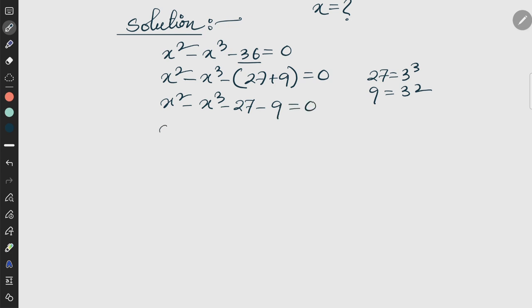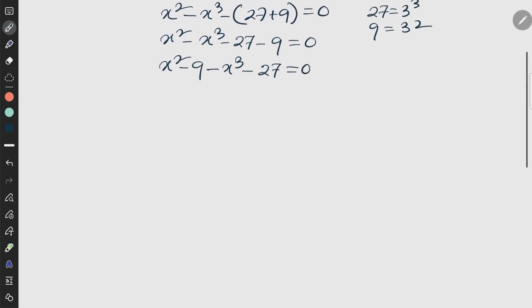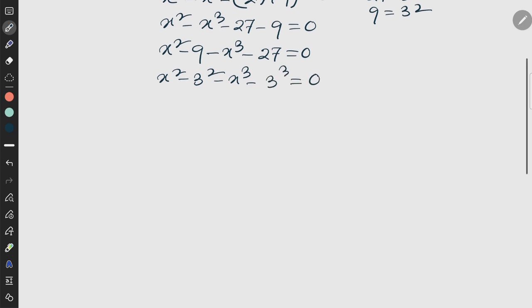Next, x square minus 9 minus x cube minus 27 equals 0. Here 9 equals 3 square and 27 equals 3 cube. We can write x square minus 3 square, and take common x cube plus 3 cube.